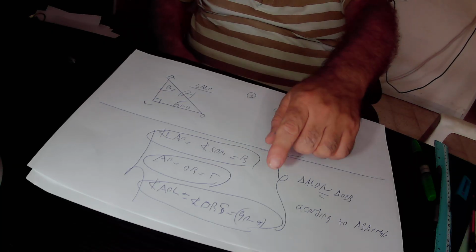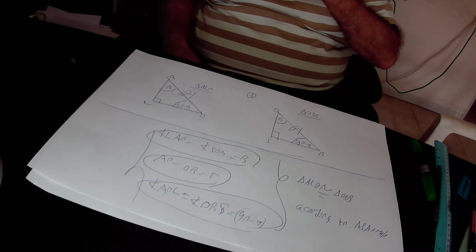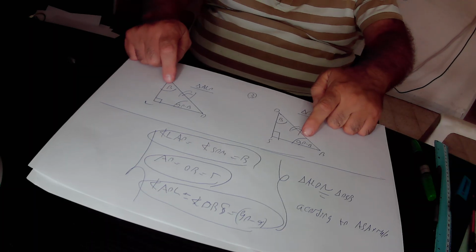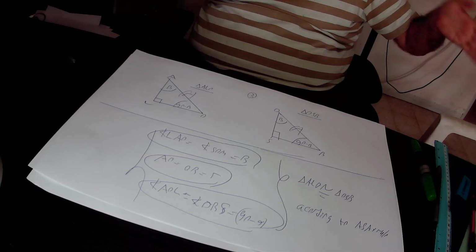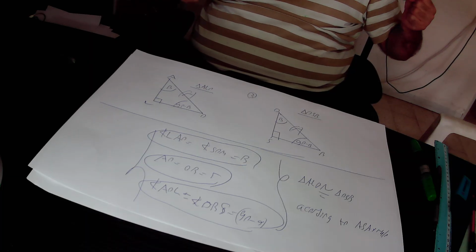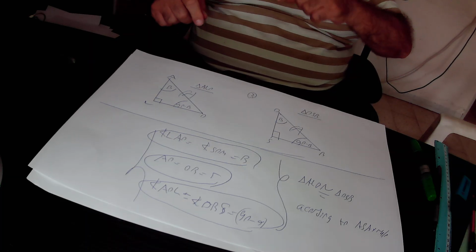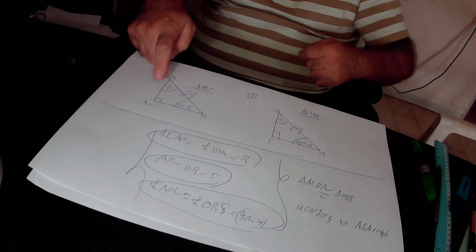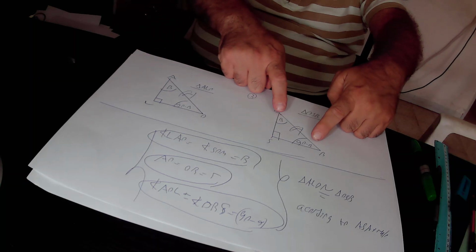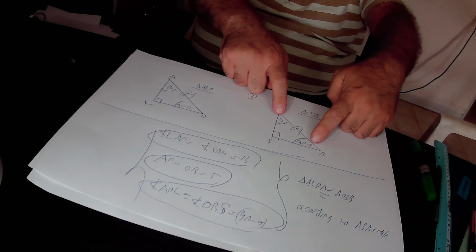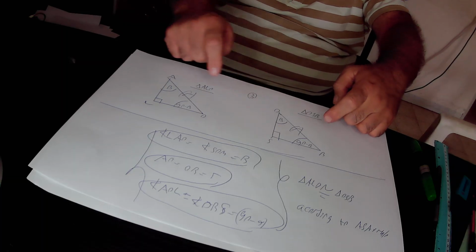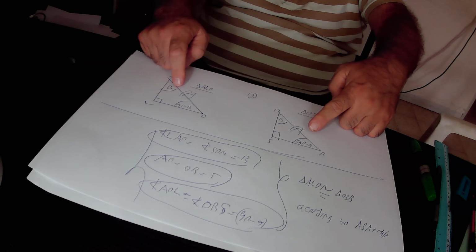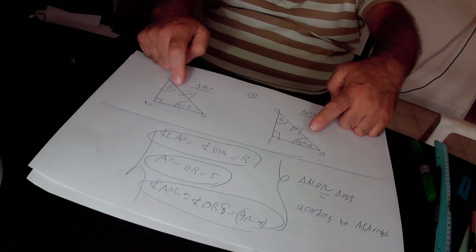So we prove that those two right triangles can go into each other according to angle side angle rule. That is to say, we prove that those two angles, and the side that is included between those two angles, in the right triangle ALO are correspondingly equal to those two angles, and the side included between them, in the right triangle OSB. And therefore those two right triangles can go into each other according to angle side angle rule.